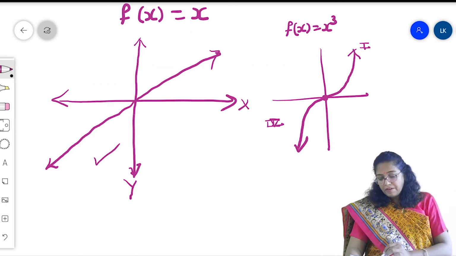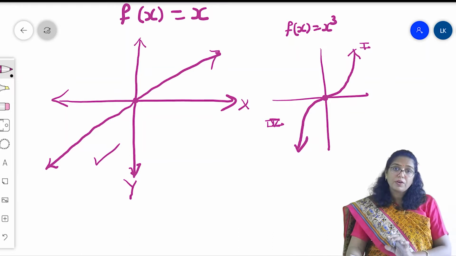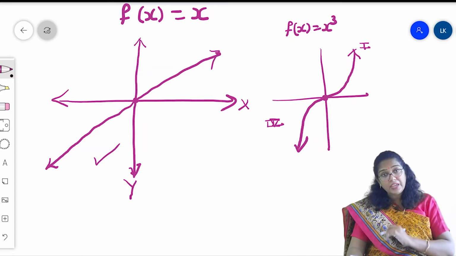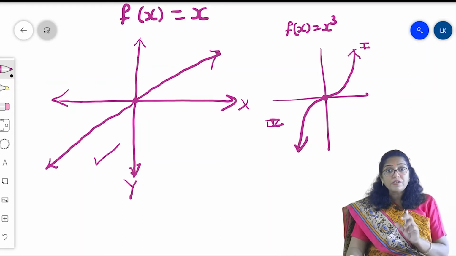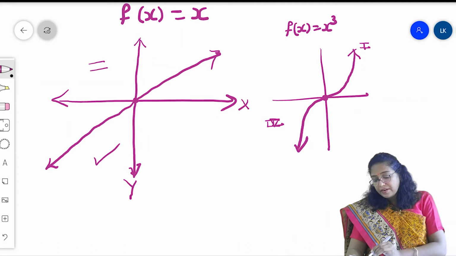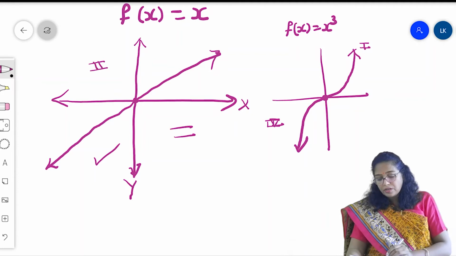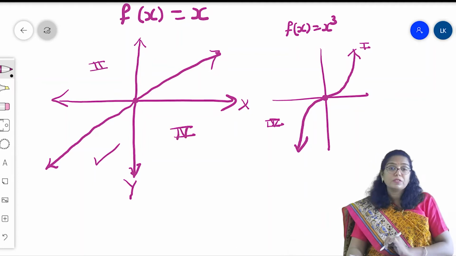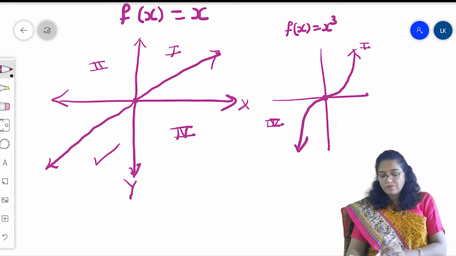Similarly, in f of x is equal to x also, if we put a mirror at the origin, whatever the portion in the first quadrant, the same image we have in the third quadrant. First and third quadrants are known as opposite quadrants, and second and fourth quadrants are also known as opposite quadrants. This is our first quadrant and it is the third quadrant.